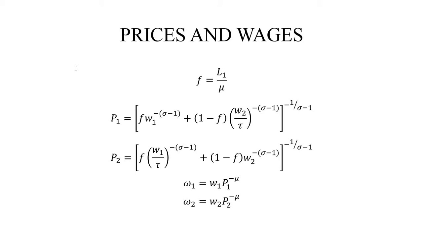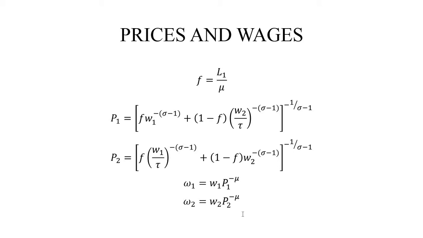So real wage was calculated as the product of nominal wage, W1 and W2 for the first and the second region respectively, and the price level taken to the power of negative mu. Here again the idea is that in the bigger region there is a smaller number of products imported from the other region and a bigger number of products which are consumed and produced domestically.